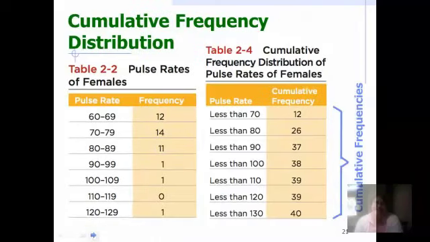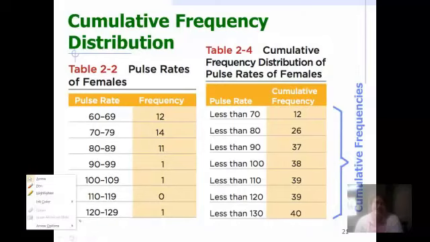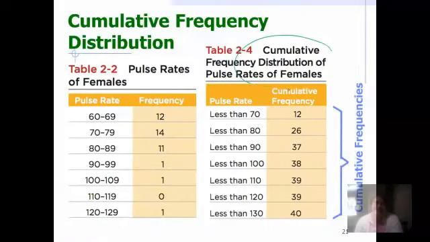Then there's another thing we can do, and that is the cumulative frequency. The cumulative frequency just says this is everybody who's less than that. So we have 12 that are less than 70, we have 26 that are less than 80. That's 12 and 14. We have 37 that are less than 90. That's 12 and 14 and 11, and so on. When you get to that highest class, you know this is everybody in your data set.